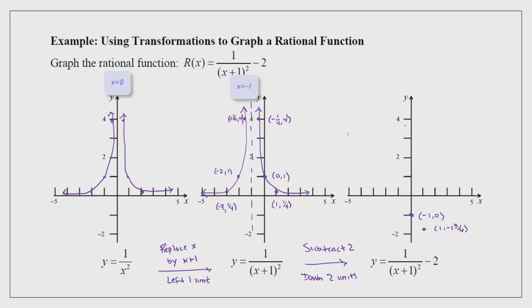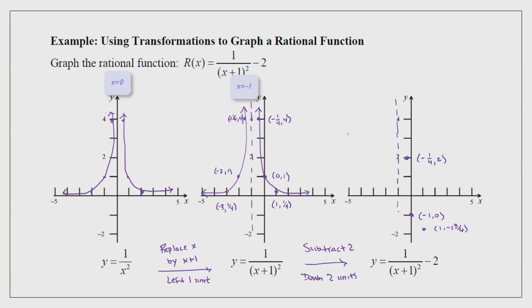Okay. And then our next was originally negative 1/4 and 4. So if we're subtracting 2, it would be negative 1/4, 2. There we go. Note that our line of symmetry here is still the same.